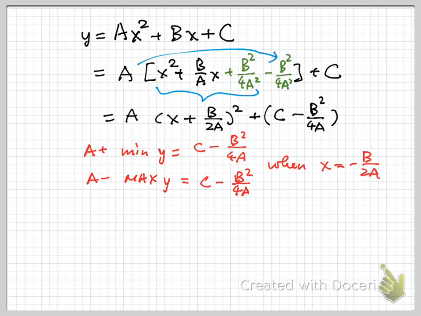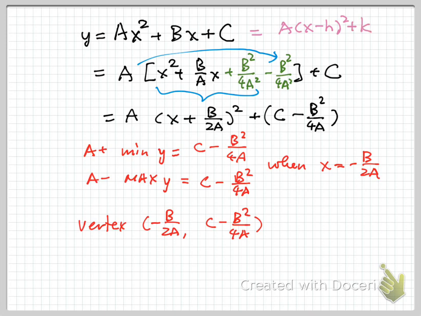And then from here we can gather that the vertex will be at the position of minus b over 2a and c minus b squared over 4a. In other words, if you change this into a times x minus h squared plus k, the vertex is at h and k.